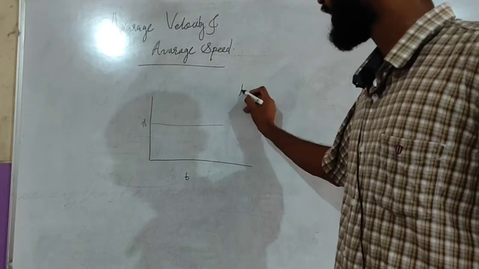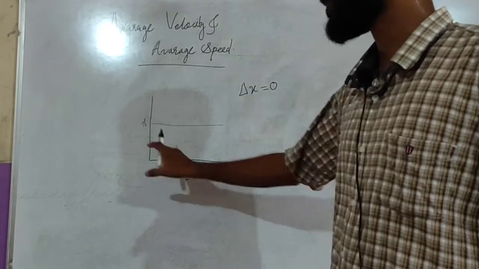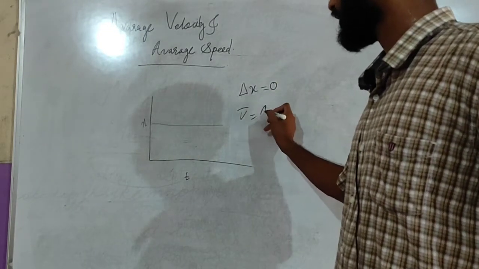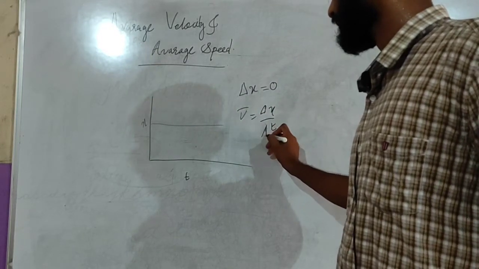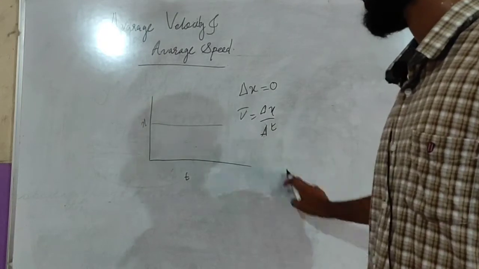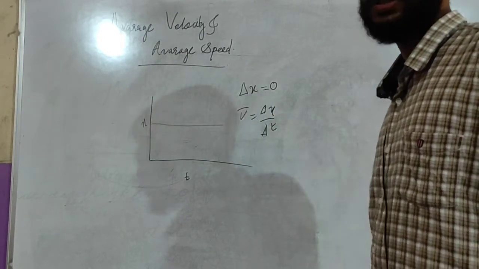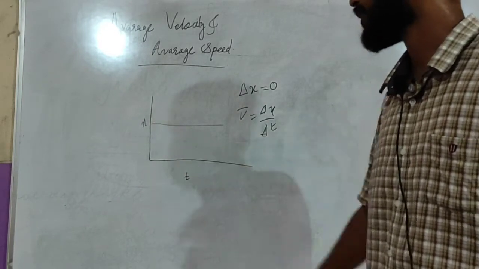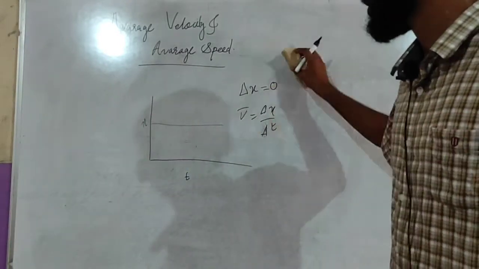So, delta x will be equal to 0. The position is not changing. So, V bar will be equal to delta x divided by delta t, you know that. As delta x is 0, the average velocity will also be 0. So, for a body at rest, the average velocity will be 0.